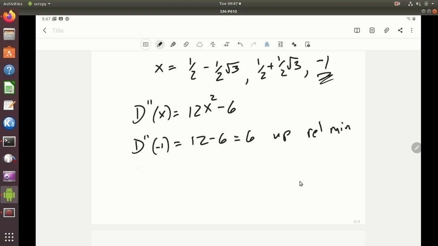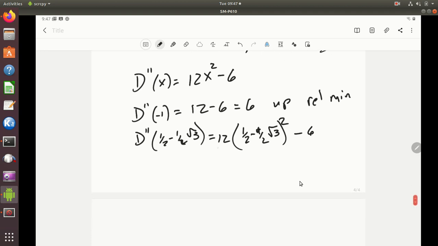And then d double prime of 1/2 minus 1/2 the square root of 3. Yuck, I've got to square that thing. So that's 12 times 1/2 minus the 1/2 square root of 3 squared minus 6.